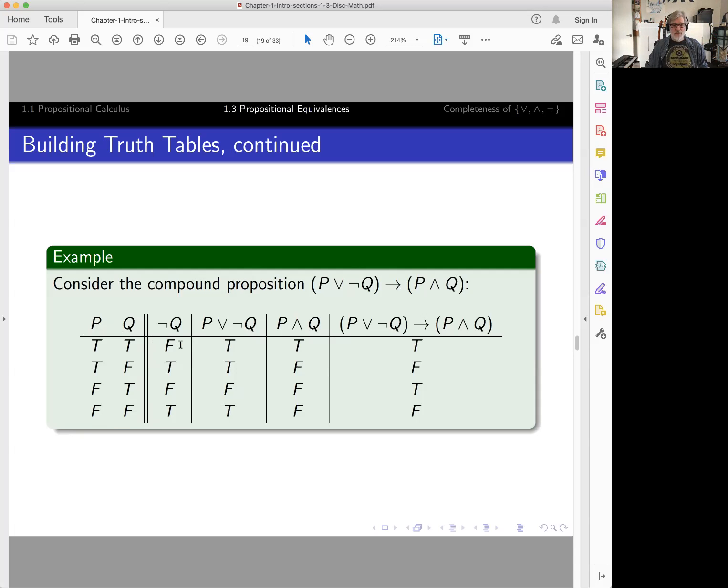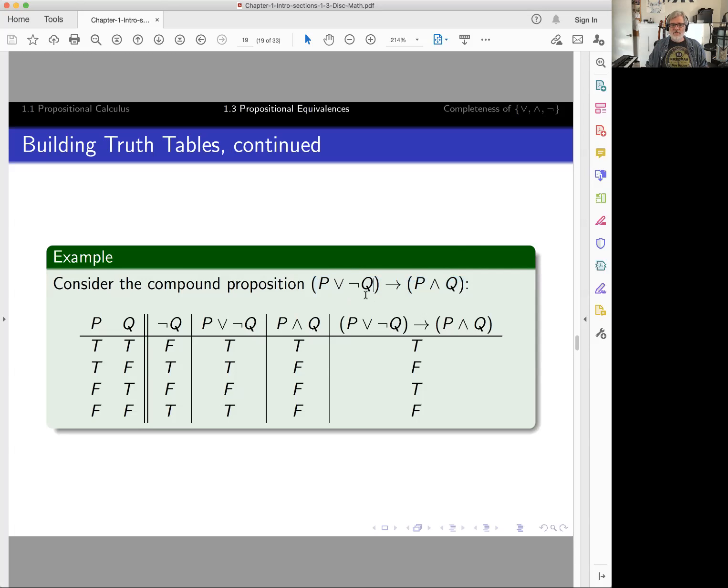And then you see what I did here is I built these intermediate columns to evaluate the components of this compound proposition. You have to recognize, as you're parsing this, that it's the implication you need to evaluate, which means that you need to know the truth values of what we call the hypothesis and conclusion.